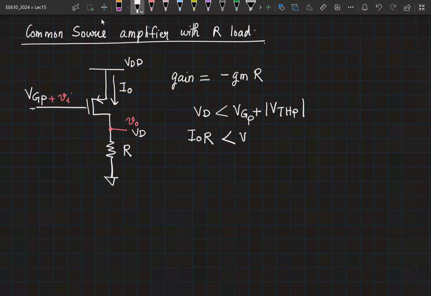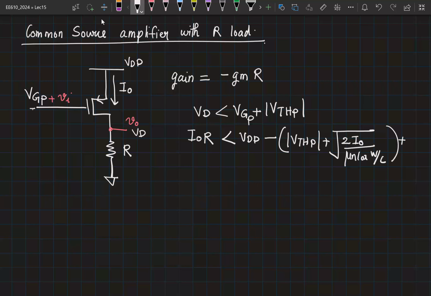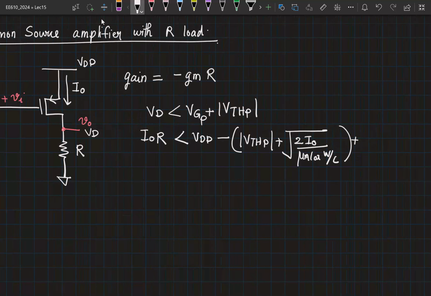So that value should be VDD minus VSG, right? And what is VSG? That will be mod of VTHP plus root of 2I0 by mu P Cox W by L, right? This plus mod VTHP, right?